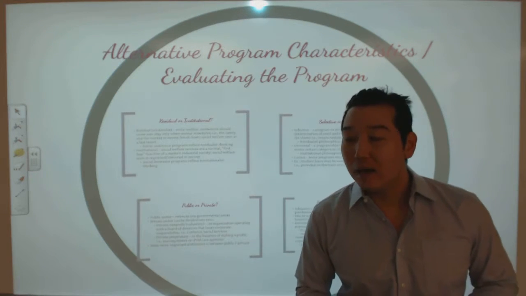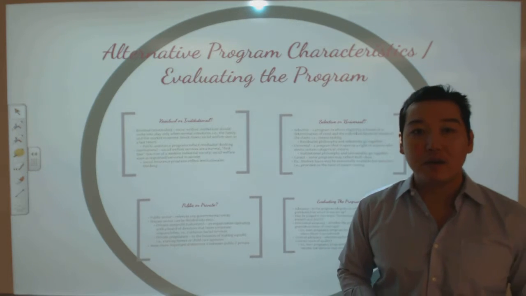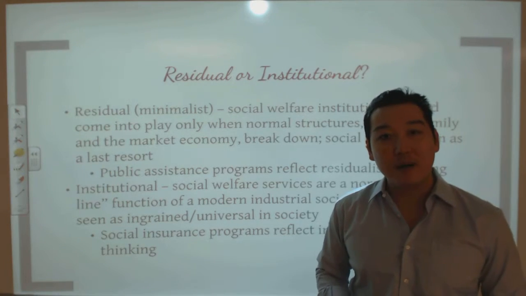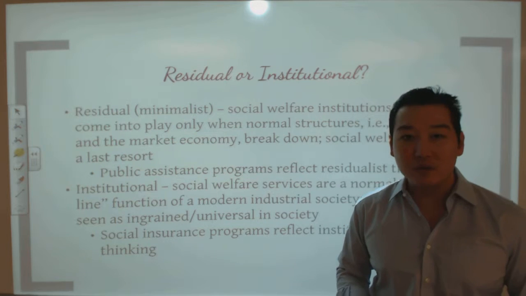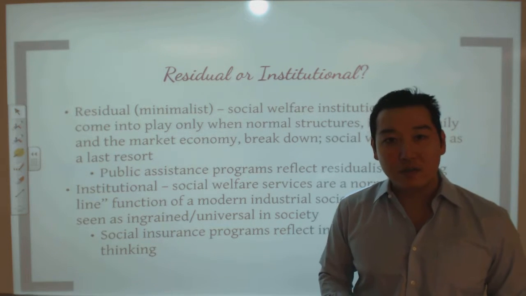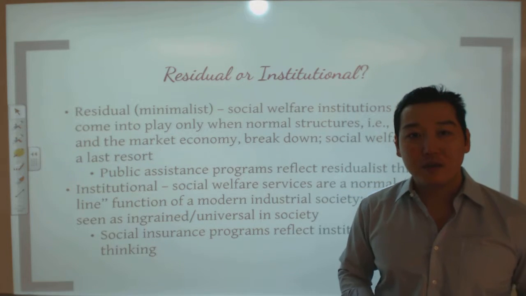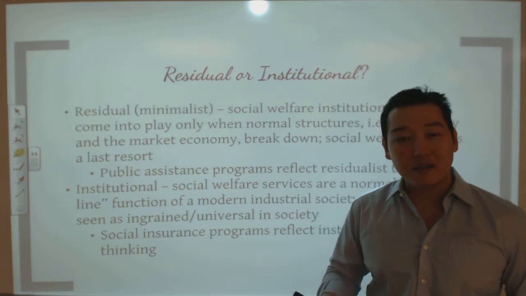And then here, I want to make note about some alternate characteristics that you'll want to discuss in your paper. So you want to say something about whether or not your program reflects residualist thinking or institutionalist thinking. So the basic idea here is that some programs are thought to come in as a last resort.